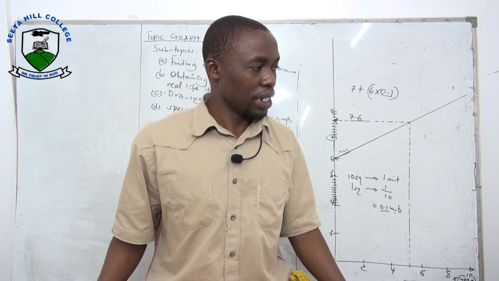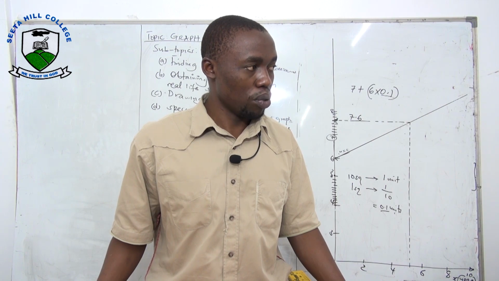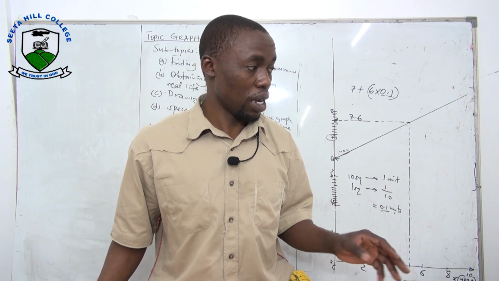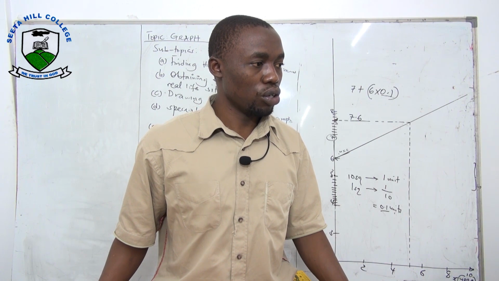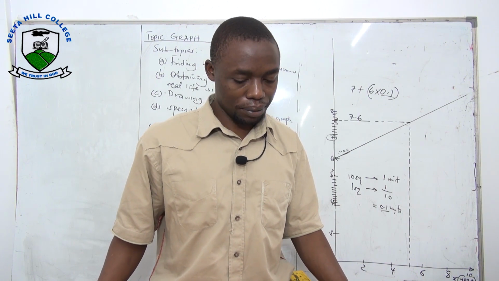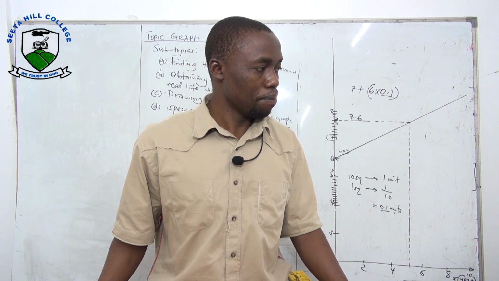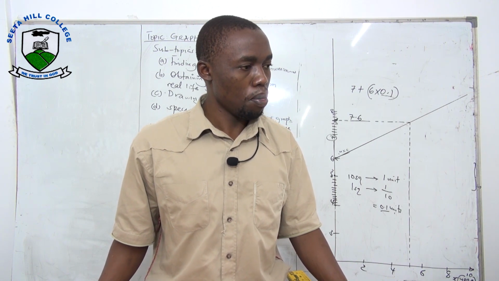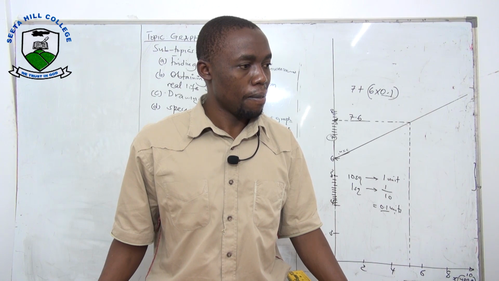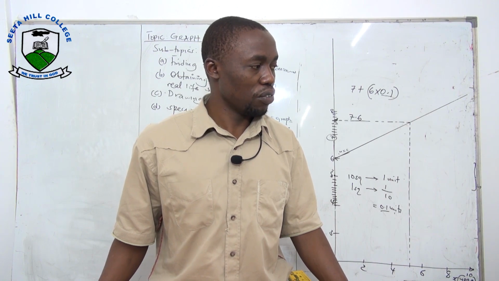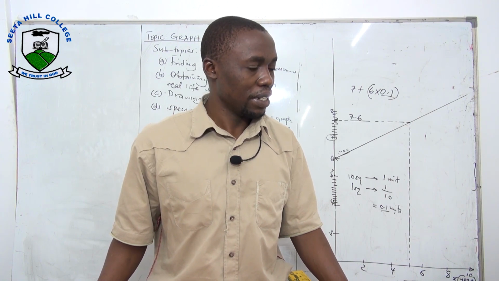The cost of a taxi, this one I'll leave you to plot it, but we are wanting to come up with the expression. The cost of a taxi for each kilometer is 2,000 shillings.